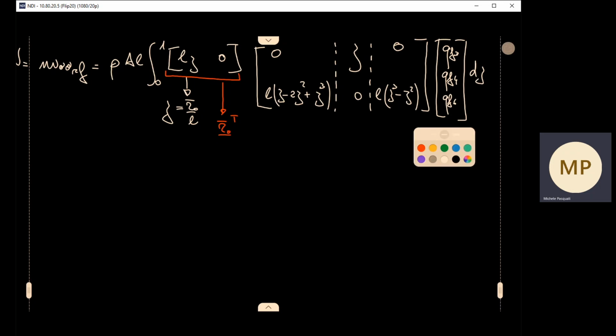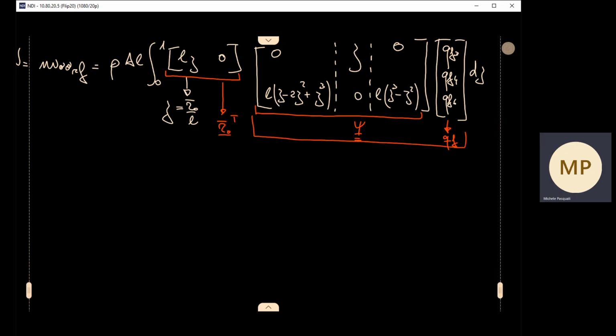Why are we writing this? Because this here is psi, this is QF, and it means that this is our U. Okay, exactly what we were trying to write.